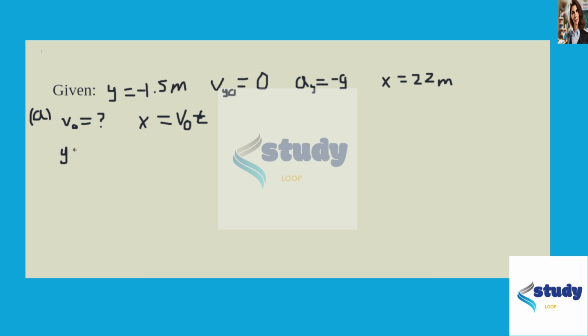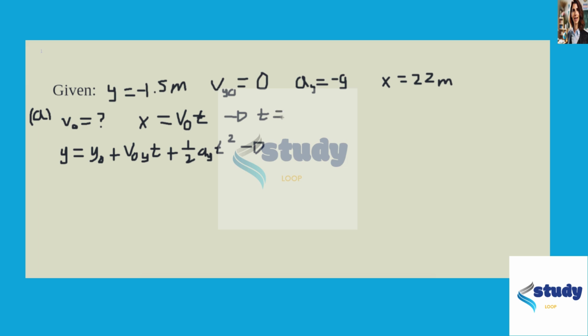Well, using equation 2-12b, which says that y is equal to y naught plus the initial velocity in the y direction times the time, plus 1/2 the acceleration in the y direction, which is going to be gravity, times time squared. Well, if we plug in what we know into this equation, we can solve for time.